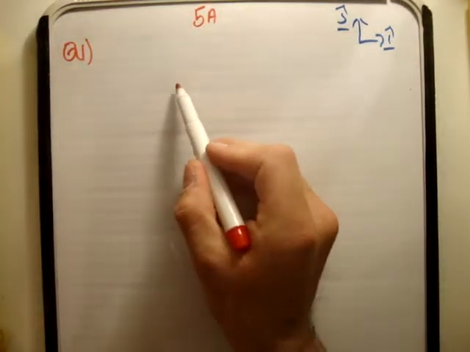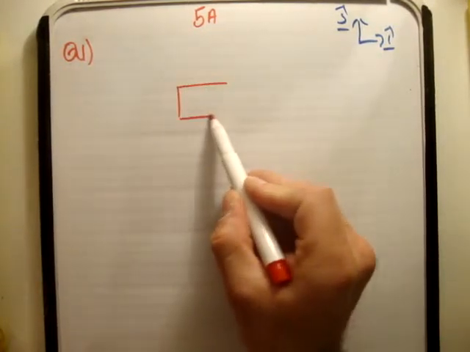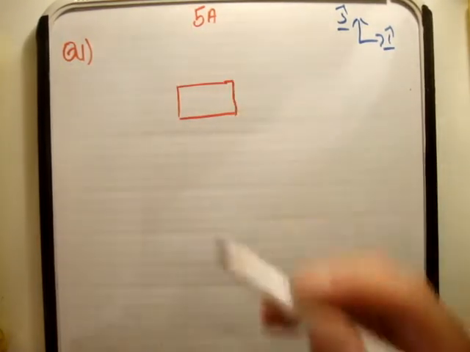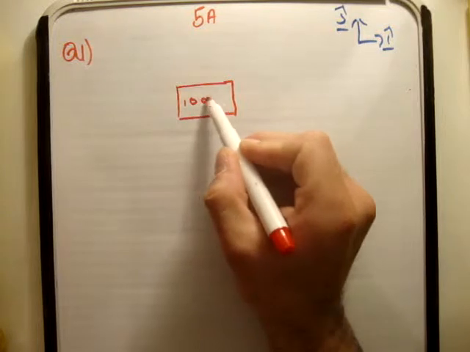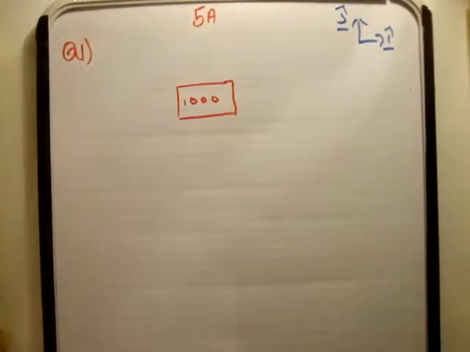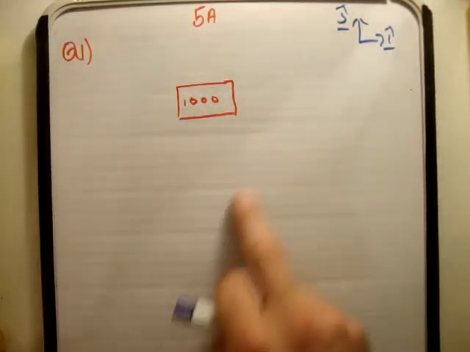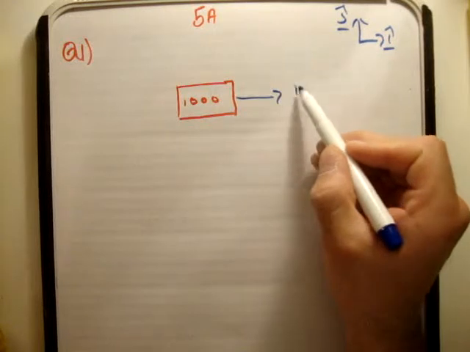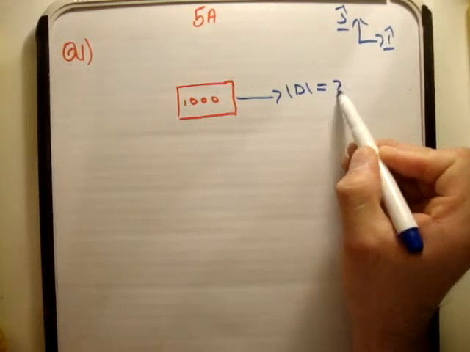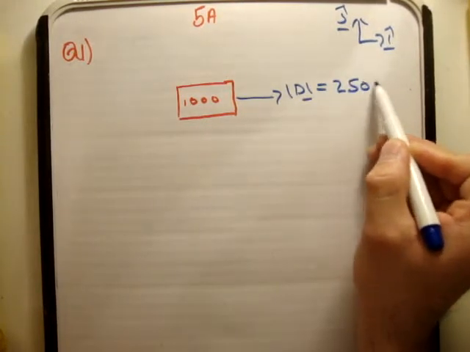So the first thing we do is we draw a free body diagram, and that's a diagram depicting all the forces. So I'm going to let this rectangle represent my car. We're told there is a driving force, so I'm going to say that it is going in the positive i direction, and I'm going to call it D, whose magnitude is equal to 2500 units.